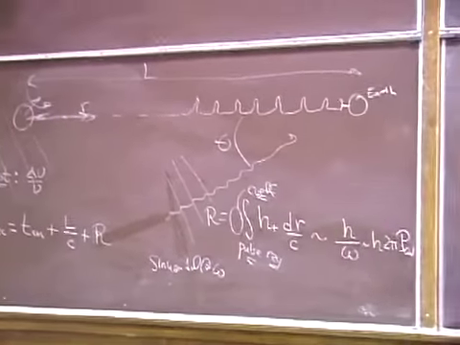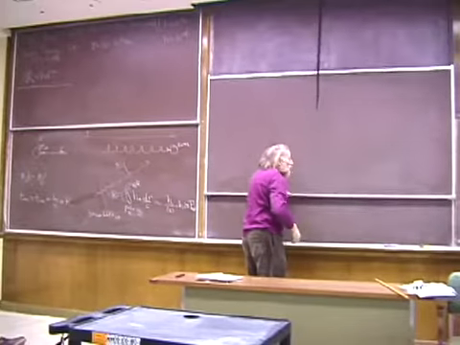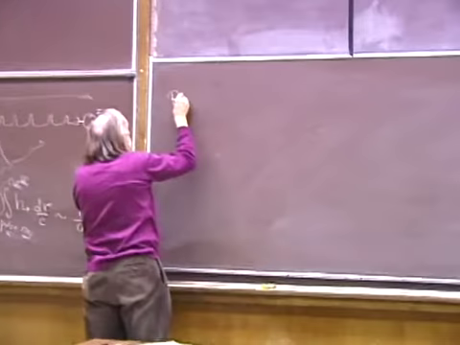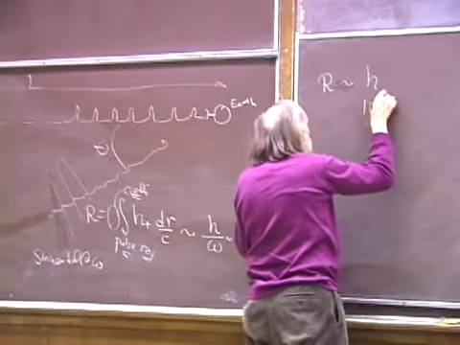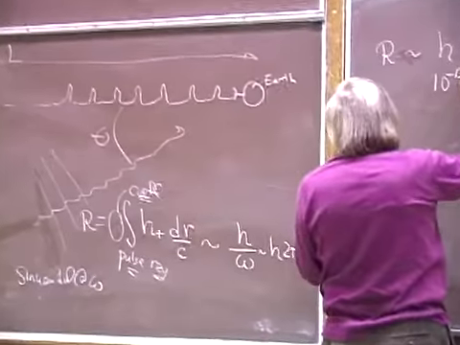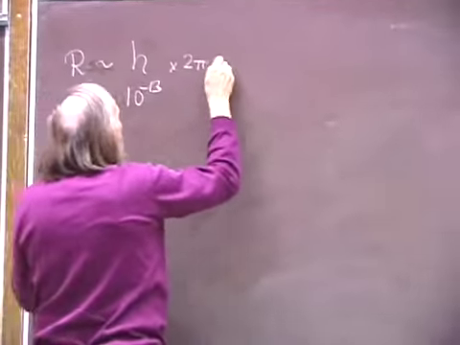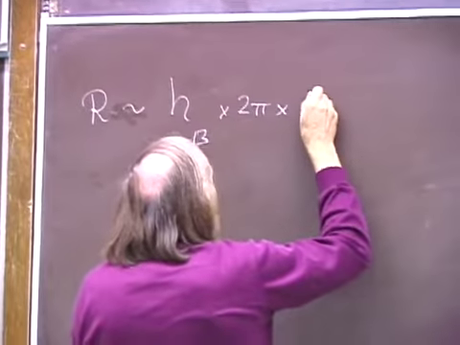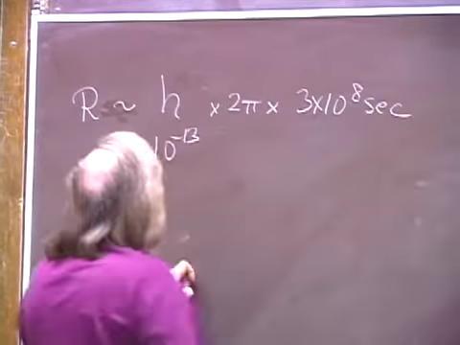Now, considering periods that might be of order, say, 10 years, this residual looks like h. Let me put in 10 to the minus 13, which is, I claim, basically the state of the art here. And then we have a period, and the period is, say, 3 times 10 to the 8 seconds.